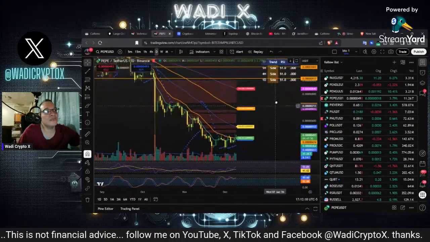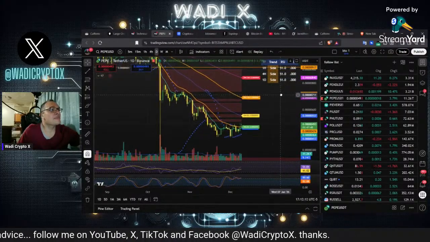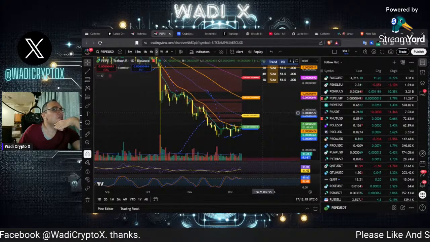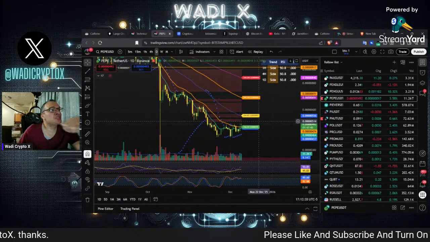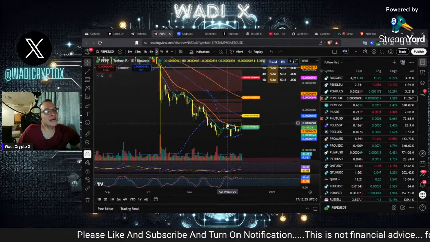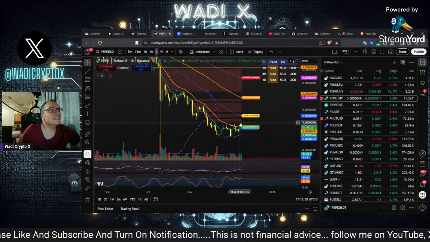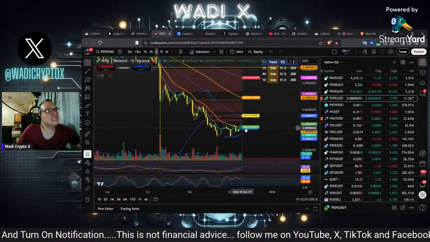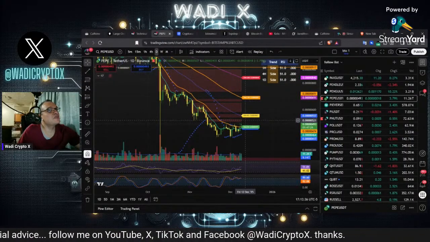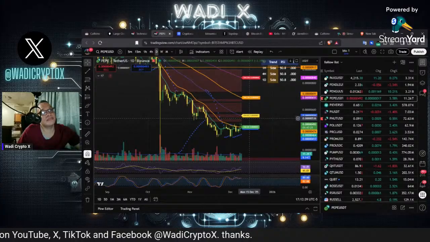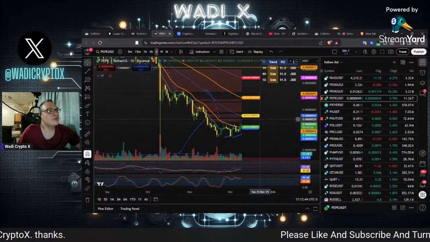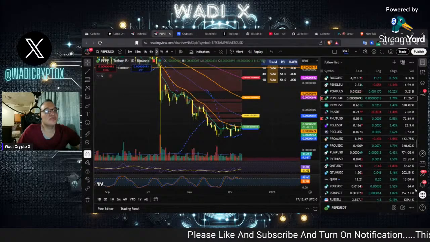Fake news alert. Pengu shows strength. I haven't checked our Pengu chart. If you look at Pepe from this point of view, it is having a little bit of a bullish formation, but then it will have to pass 5056 in order for me to feel like, all right, we're getting somewhere.